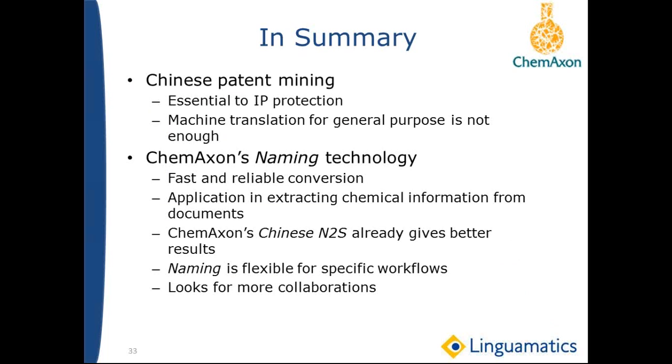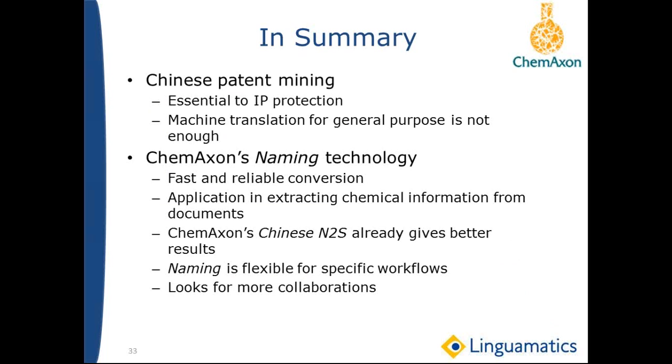But a general purpose machine translation algorithm is not enough, and if the translation doesn't consider OCR error, it's going to give very inaccurate results. Our naming technology provides a fast and reliable conversion. It can also extract information from patents. And as you can see, our Chinese name to structure already gives pretty good results.